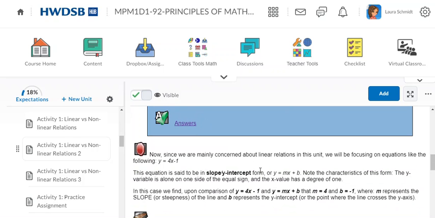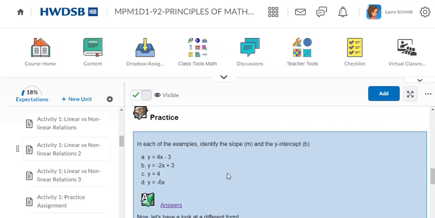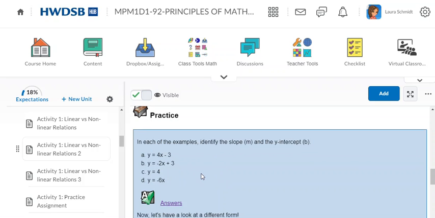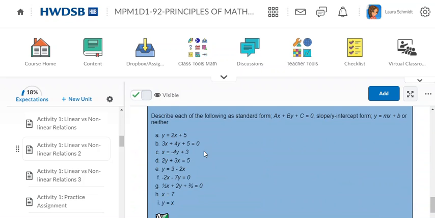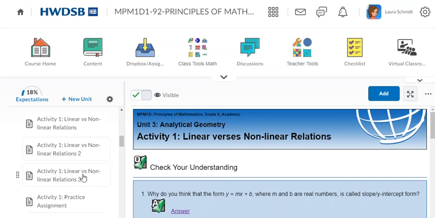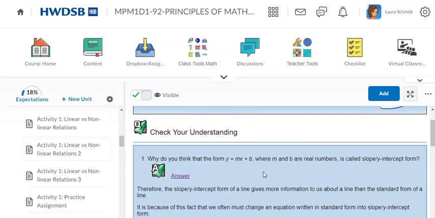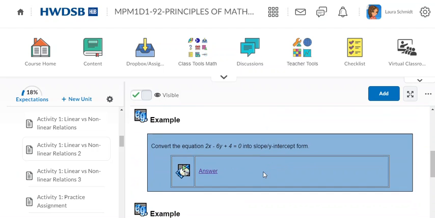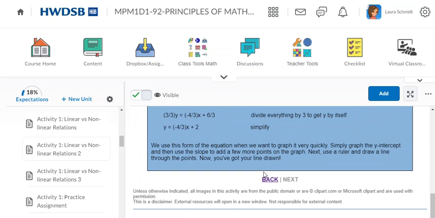Then we talk about slope-intercept form, and you have to identify the slope and y-intercept in these. Then we talk about standard form, and you can identify what's what. And the last thing of linear versus nonlinear is converting between the 2 forms of the equation.